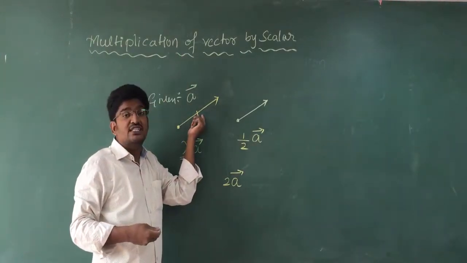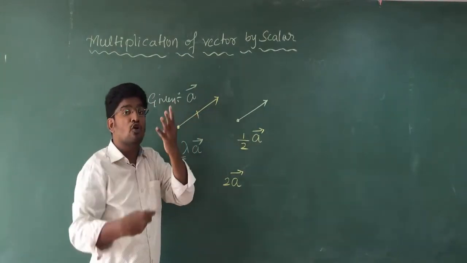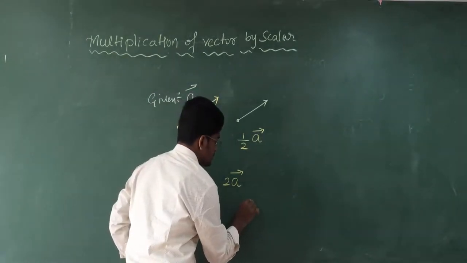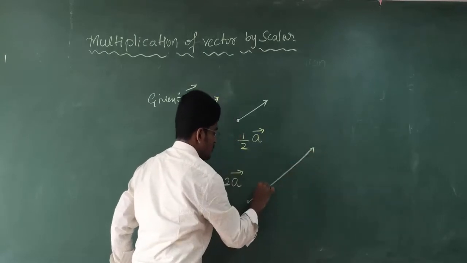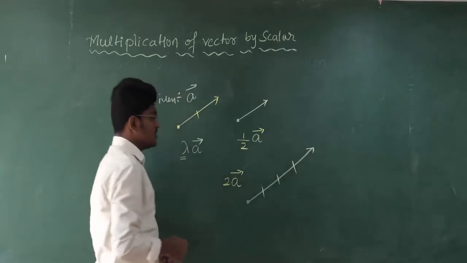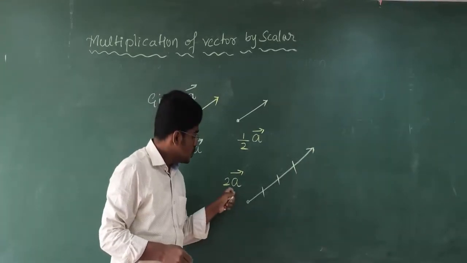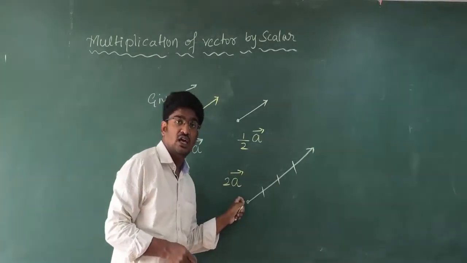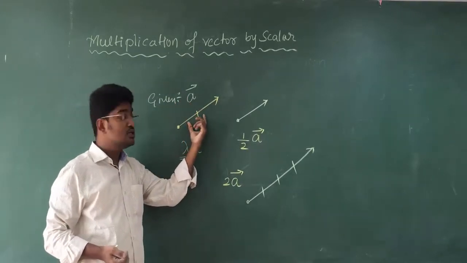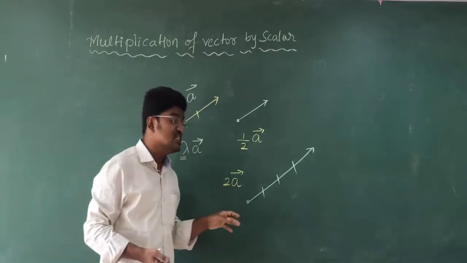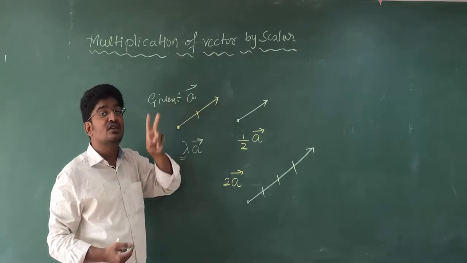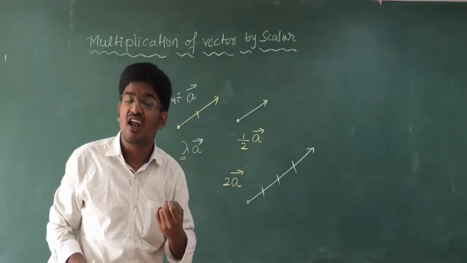If it has 2 units, what is double of 2? 4. That means the new vector will be 1, 2, 3 and 4. So this vector will be 2 times of vector A. Here vector A has 2 units, 2 times of vector A is with 4 units, because vector A is multiplied with the scalar number 2.